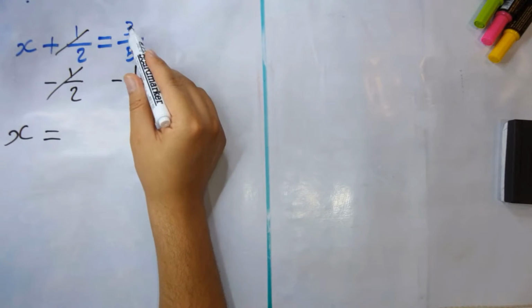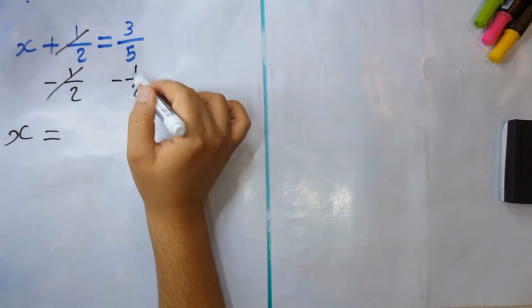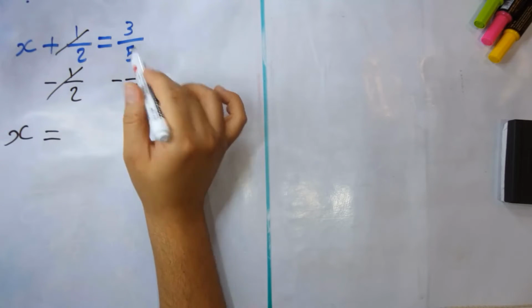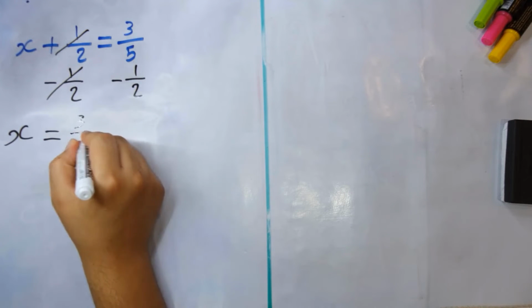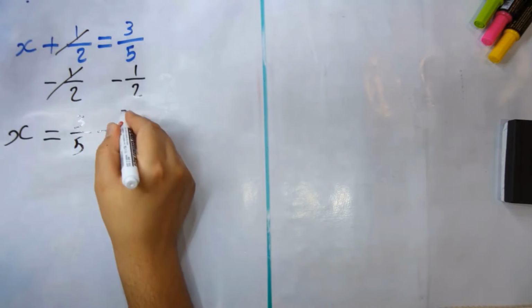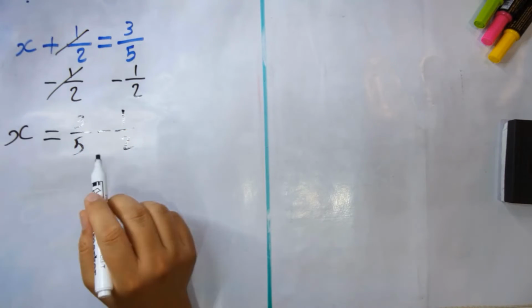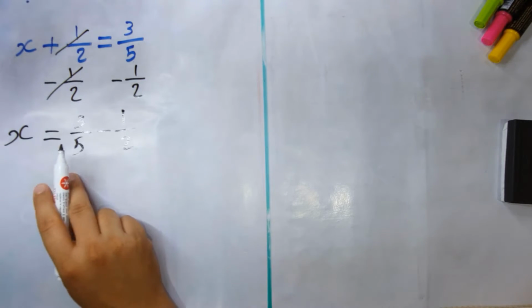Okay, but now we have a problem. What? The denominator is not the same. Then we take more steps. We write it 3 over 5 minus 1 over 2 and solve it step by step. First we should make the denominator the same. How?